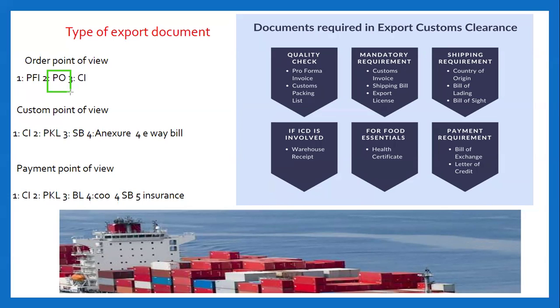In any trade or business, the seller needs to share the charges of the goods. After that, the buyer will negotiate. For example, the unit price of the product is $100 per unit, first initiated by the exporter.